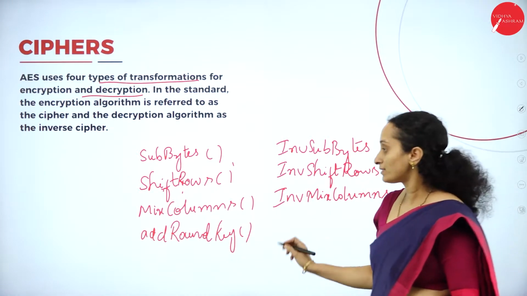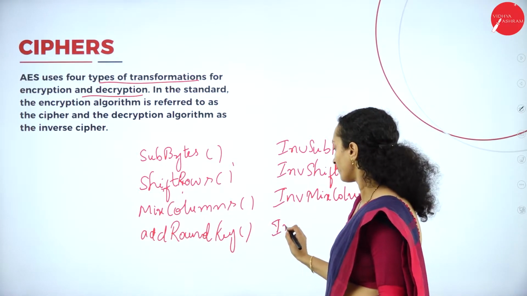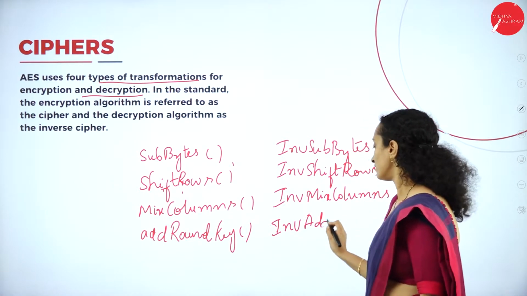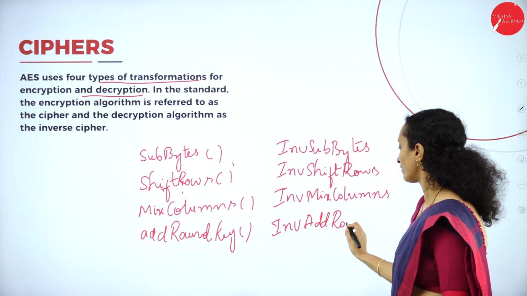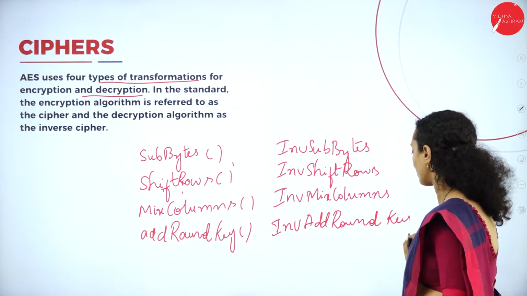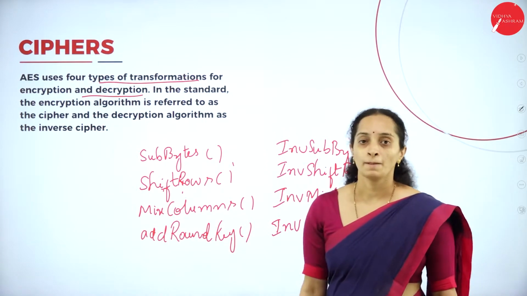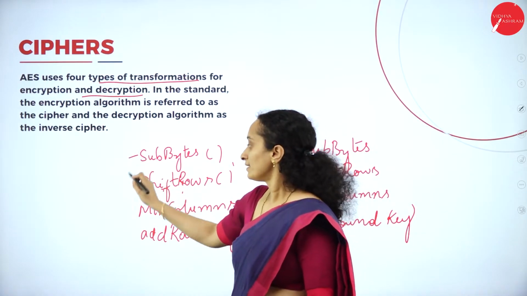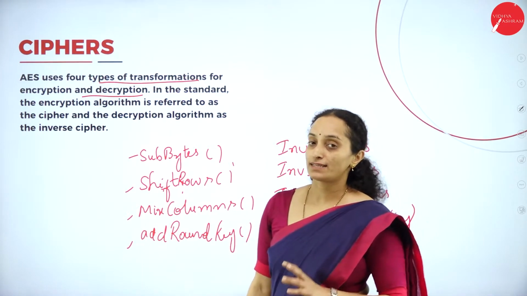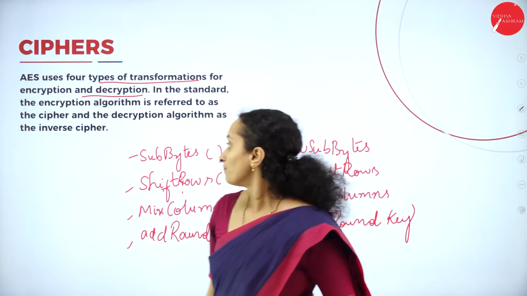And add round key has inverse add round key. So, we can use these 8 functions in encryption as well as the decryption process.